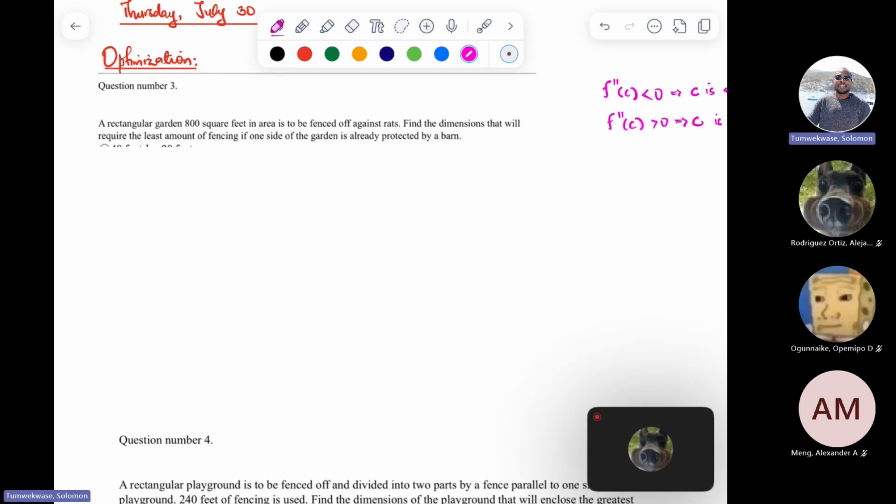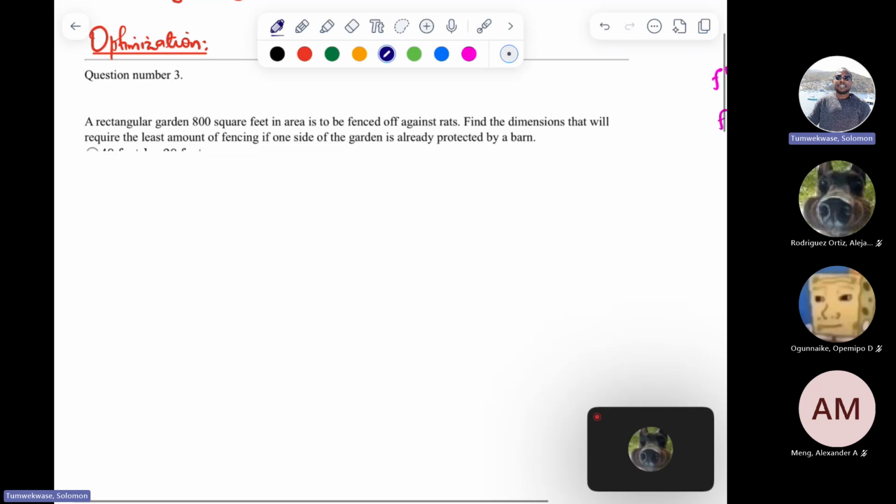Okay. So in question 3, we have a rectangular garden which is 800 square feet in area. So they are telling us that my area is 800 square feet. And this garden is to be fenced off against rats. Find the dimensions that will require the least amount of fencing if one side of the garden is already protected by a barn.